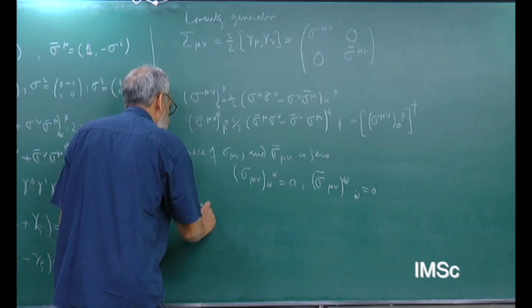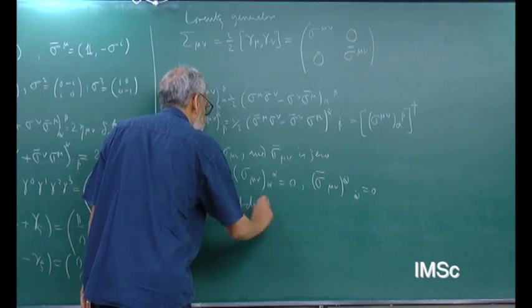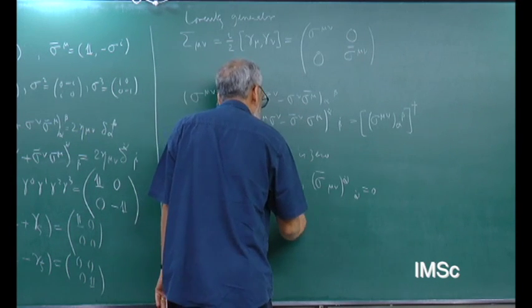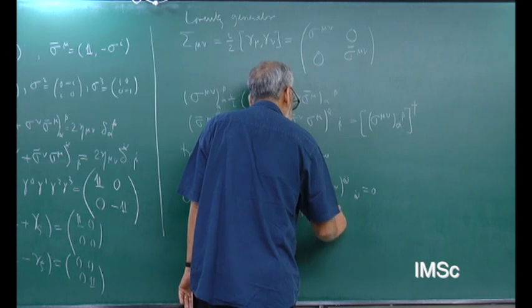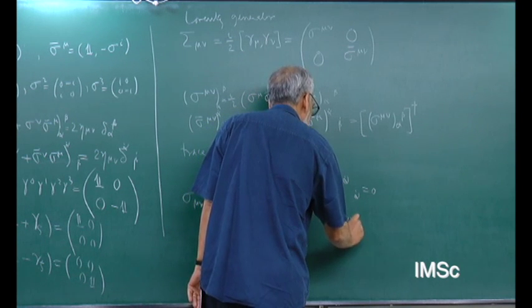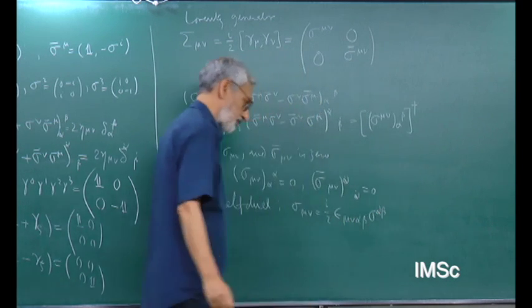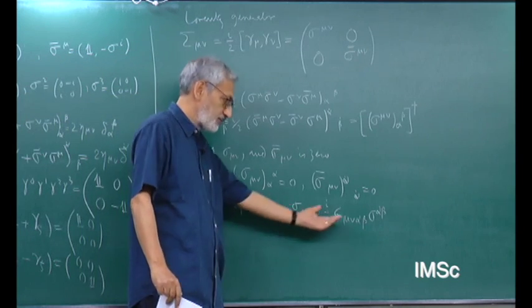Sigma mu nu is self-dual. What does that mean? That sigma mu nu is the same as I/2 times 1/2 epsilon mu nu alpha beta sigma alpha beta. The two are equal. So for this property we give a name: self-dual.